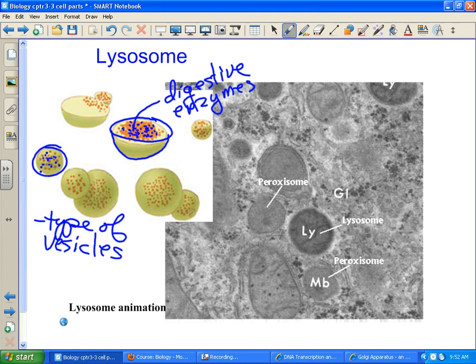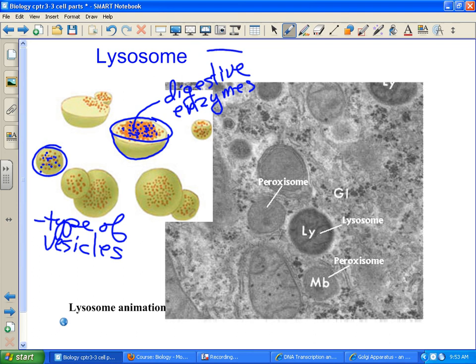Is that what happened to the one? Yeah, so in that previous animation, the Golgi, that one vesicle which kind of hung out, a bacteria came in, it engulfed it, and then kablooey. It destroyed it, it digested it.